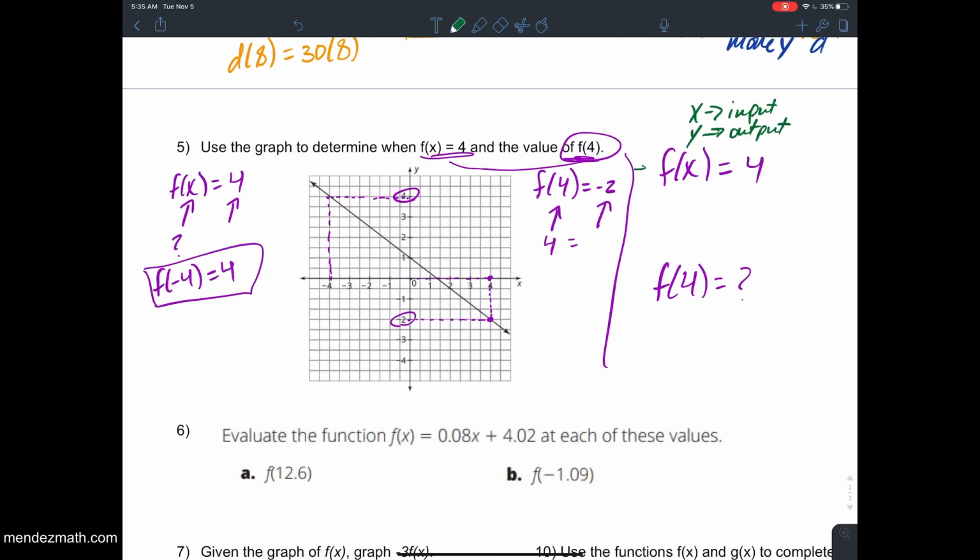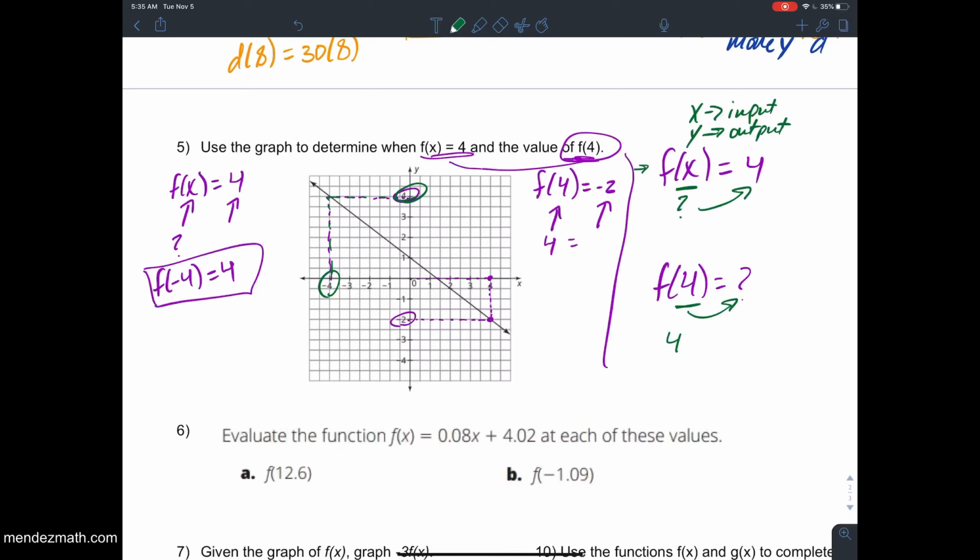So what this one here is asking, what input, so what x would give us an answer of 4? We started here, we found 4 on the y, and we just kind of backtracked. We found -4. On this one here, it's saying when your input is 4, we look at the graph, what will the output be?